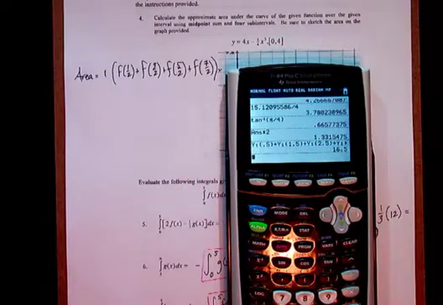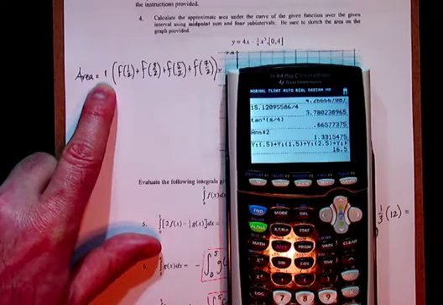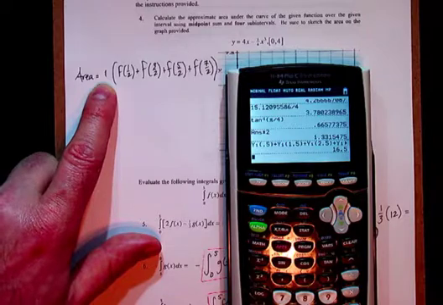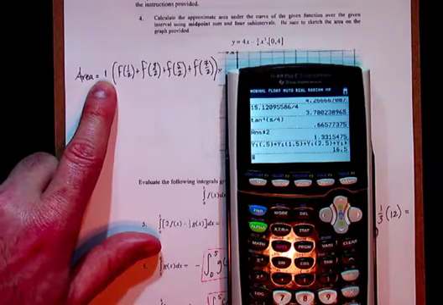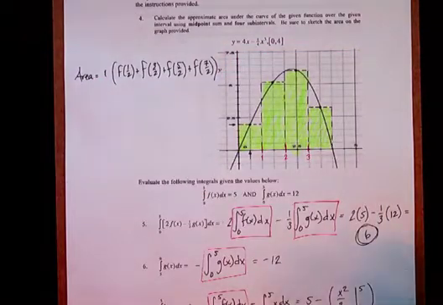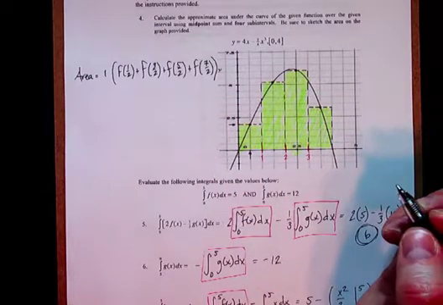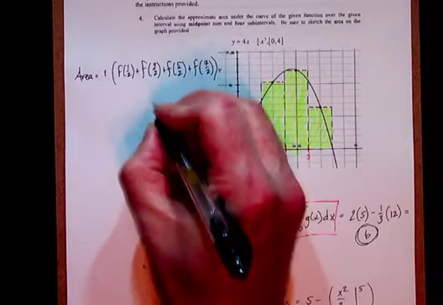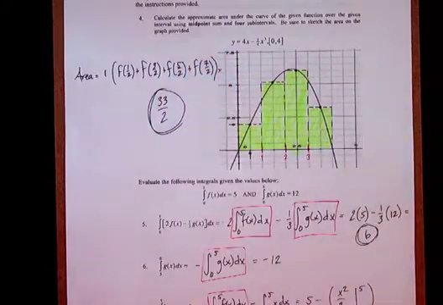Enter. Now, of course, if I had anything other than a width of 1, I would be multiplying that sum by the common width of my subintervals, but I don't. And so it winds up being 16.5. So it's 16 and a half, and so 33 halves would be the approximation.